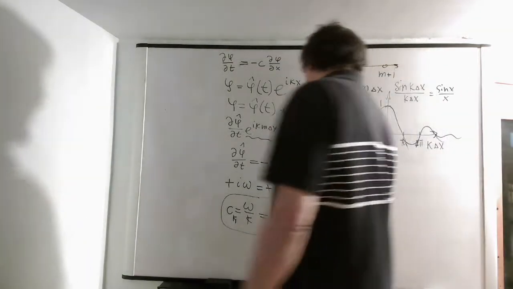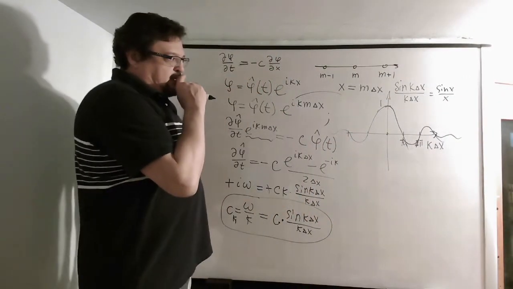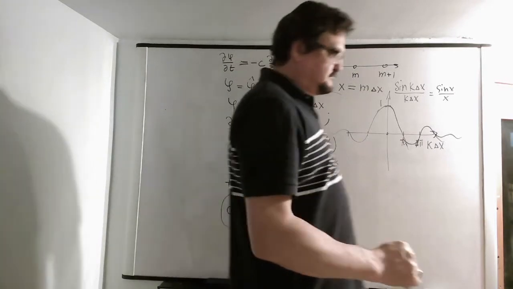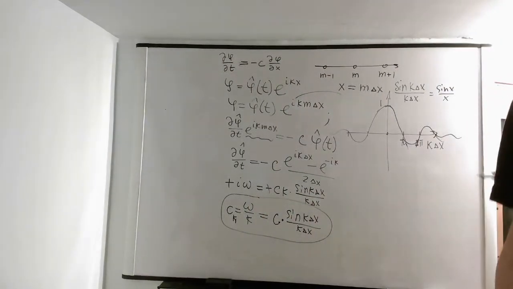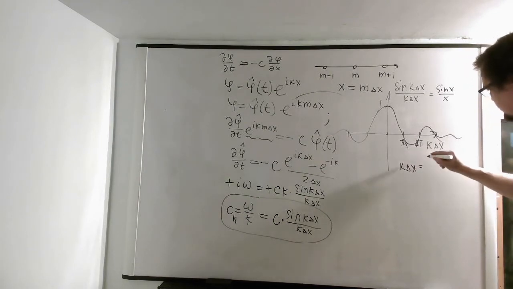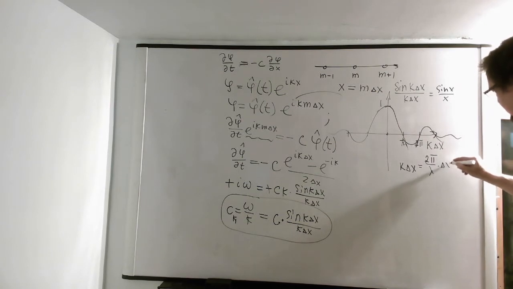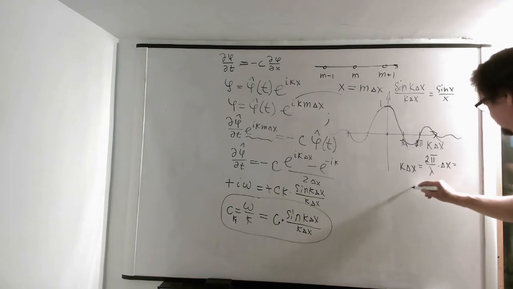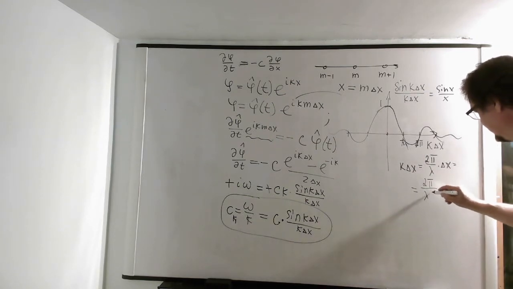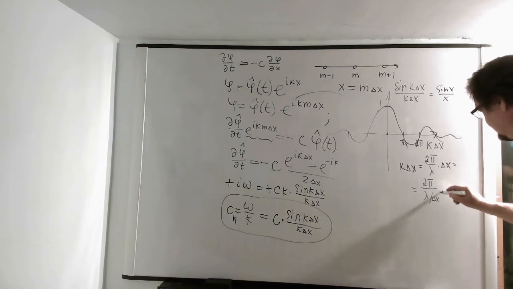So you see that now, what is k delta x? k delta x equals, k is 2 pi over lambda, times delta x. So it equals 2 pi divided by lambda divided by delta x.